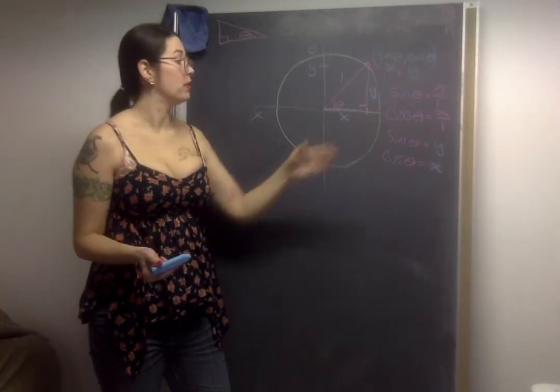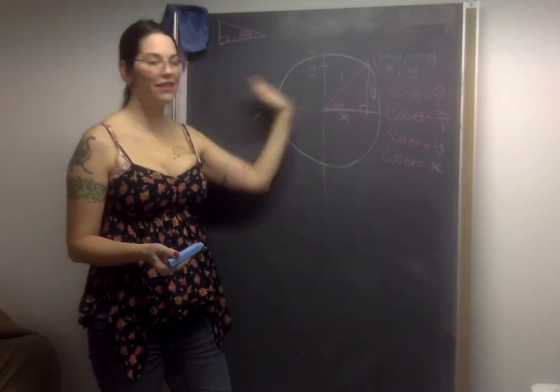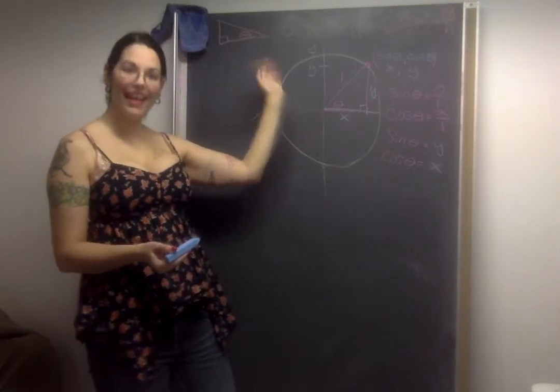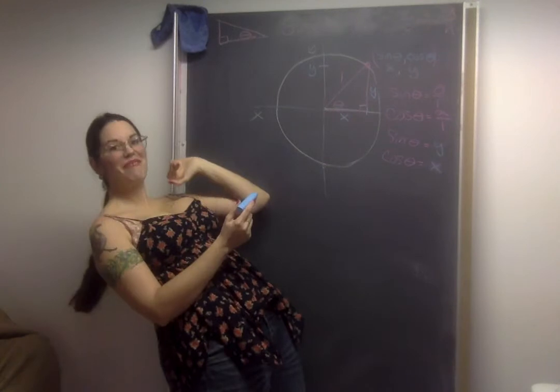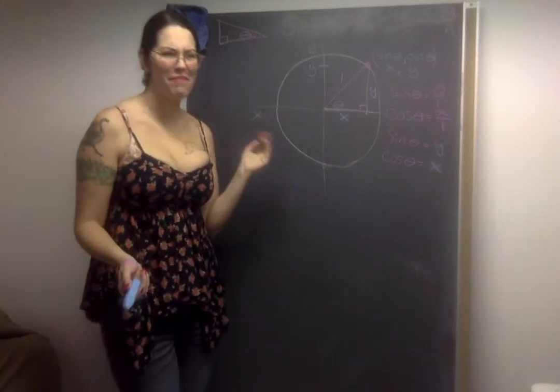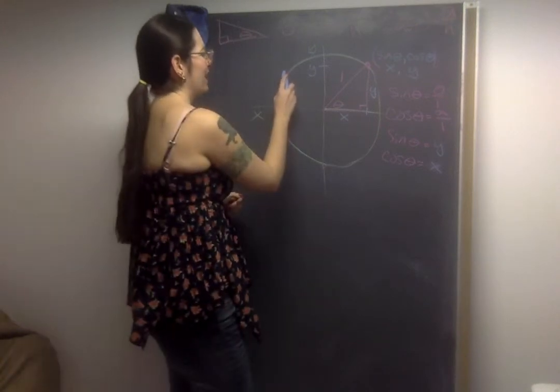You might ask, what if we go beyond that angle? There's a whole circle here to deal with, and if I'm going to bend over backwards and find a point over here, I'm going to have to draw sort of a backwards triangle.